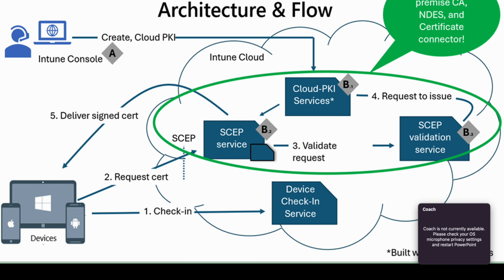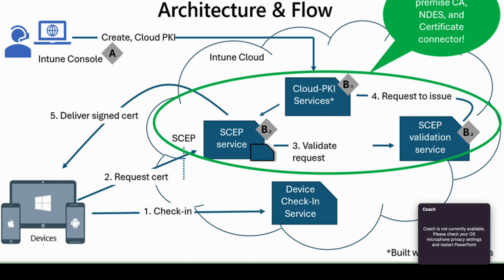Here you can see in the green circle, if you are using an on-premise CA server or SCEP server, it will replace your on-premise CA server, SCEP server, and certificate connector.